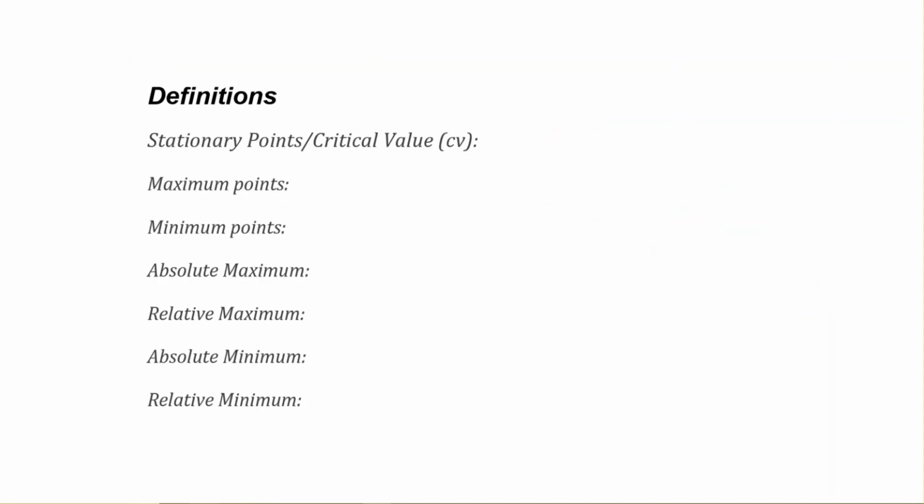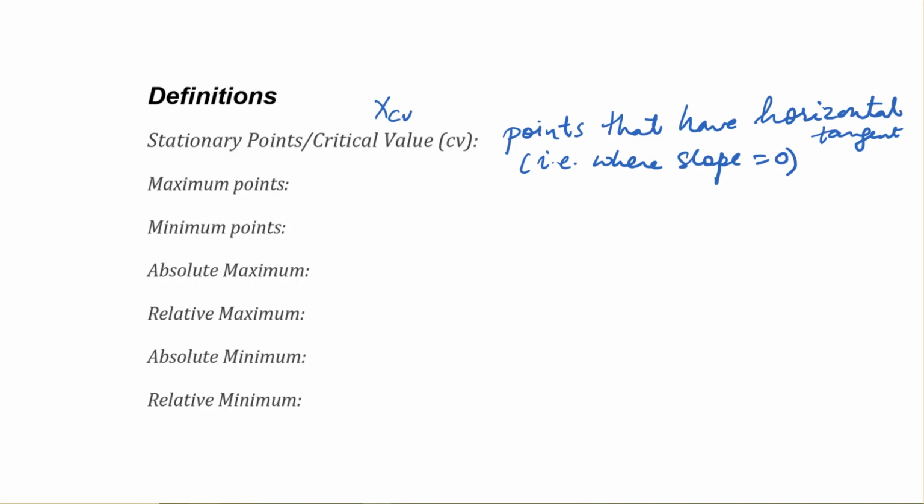So stationary points or critical values are the points that have a horizontal tangent or where the slope is 0. Then we're going to talk about the maximum and minimum points. For the maximum or the higher points, we're going to use the word peak. And for lower points, we're going to use the word valley. So you can just think about the mountains and the valleys.